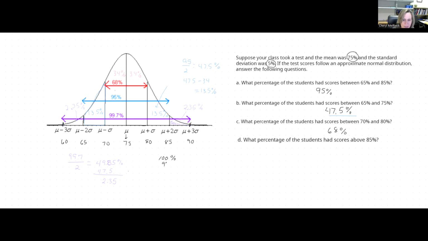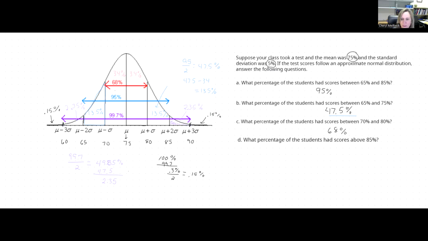So if we subtract that, we get 0.3%, very small, that's going to lie above and below those 3 standard deviations. So if we divide that by 2, we're going to get 0.15%. It's very small. It's 0.15.